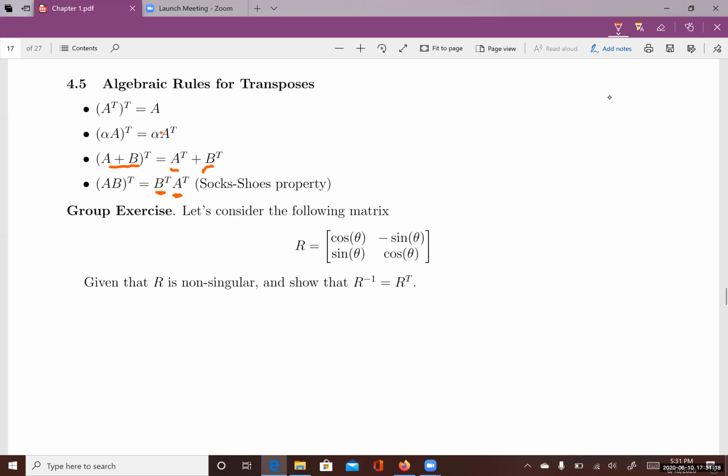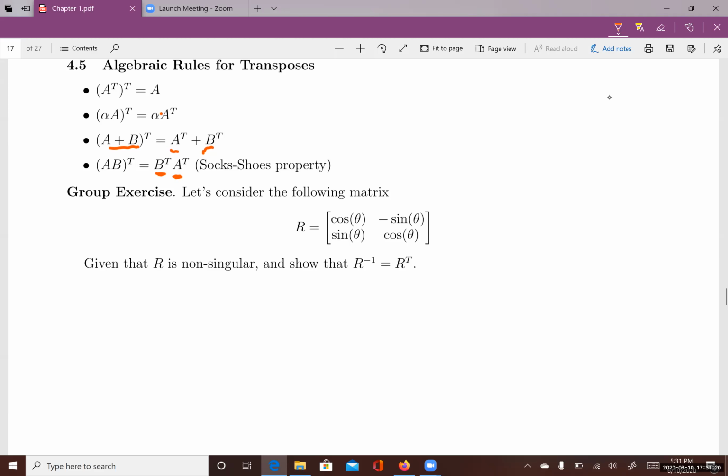Okay, let's do an exercise. Let's consider this matrix R here, cosine theta, negative sine theta, sine theta, cosine theta.